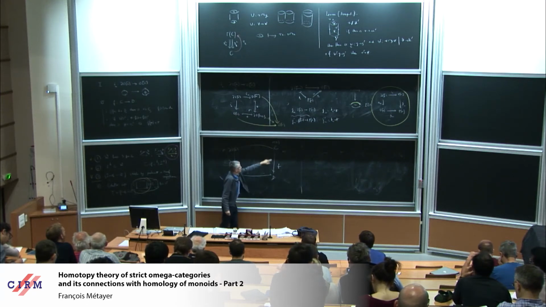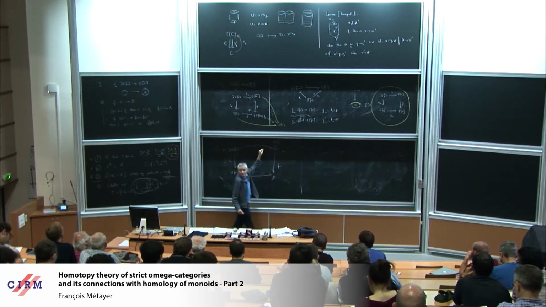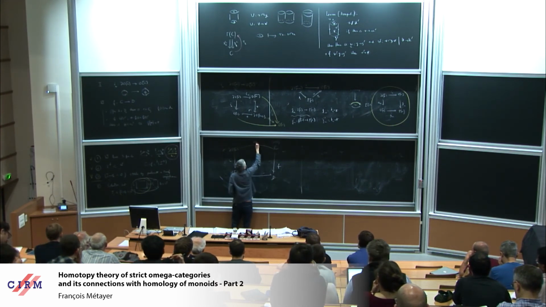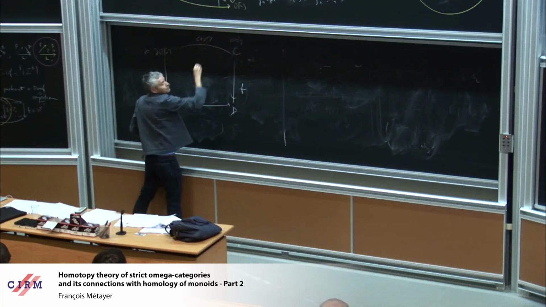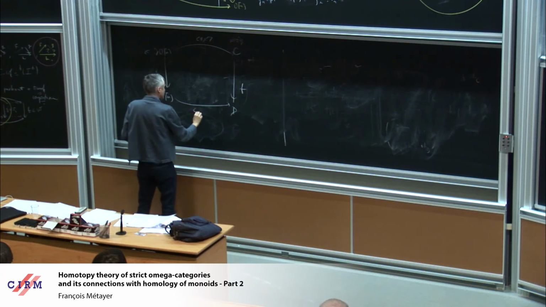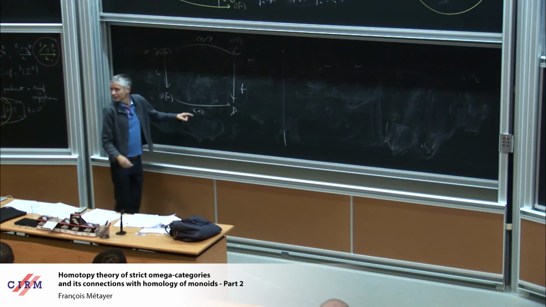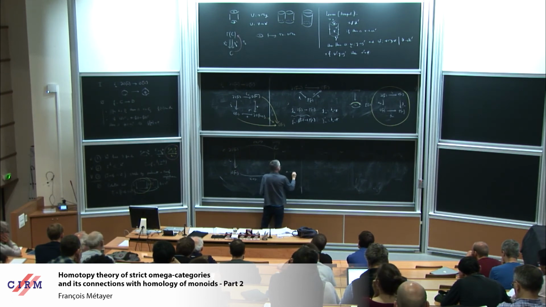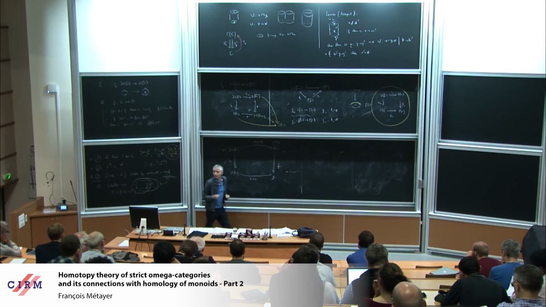Then this simply means that, so what's the map from delta On to C is just a pair of parallel cells, C and C prime if you want. And this is simply a cell, say, U in D, and U goes from C to C prime.